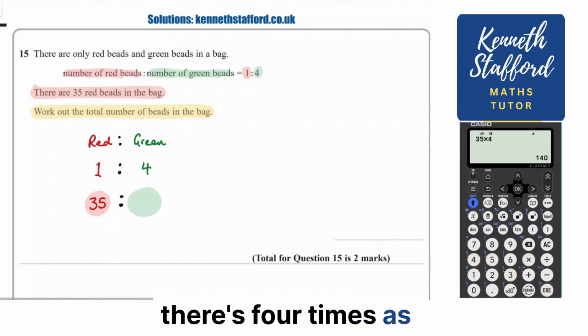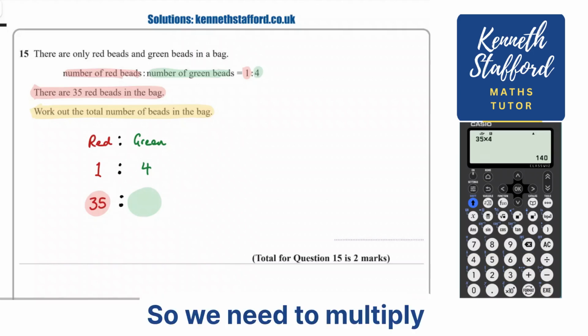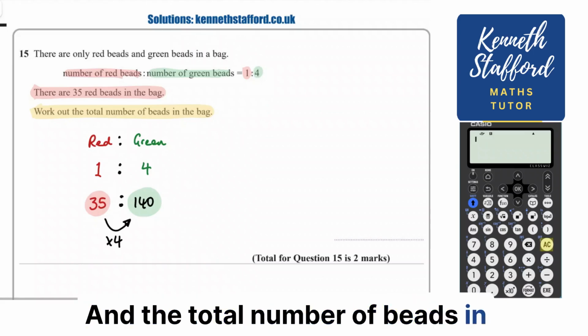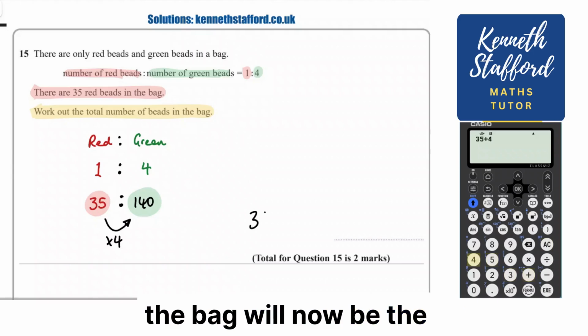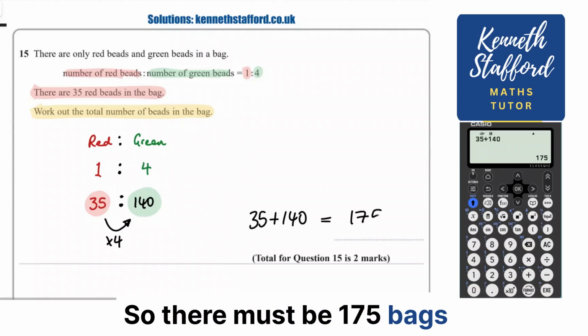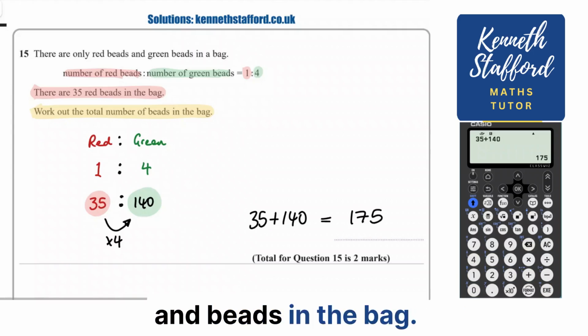Well, there's 4 times as many green as red. So we need to multiply 35 times 4, which is 140. And the total number of beads in the bag will now be the 35 plus the 140. So there must be 175 beads in the bag.